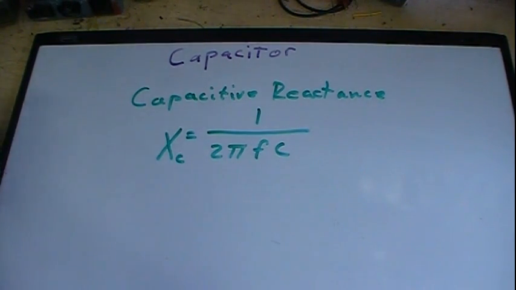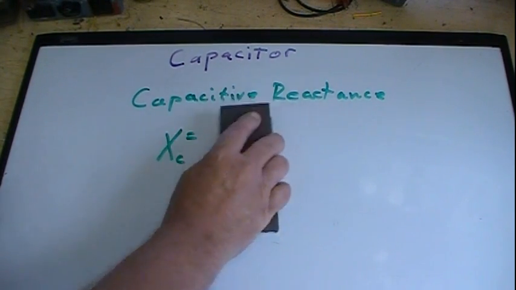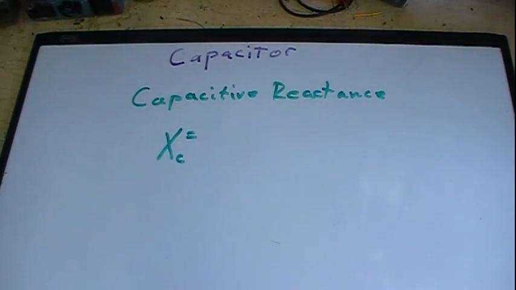But there is another formula where some of it got rearranged and a particular number was put in place. Frequency will still be in hertz, but the capacitance will be in microfarads, which is generally what you deal with most of the time.